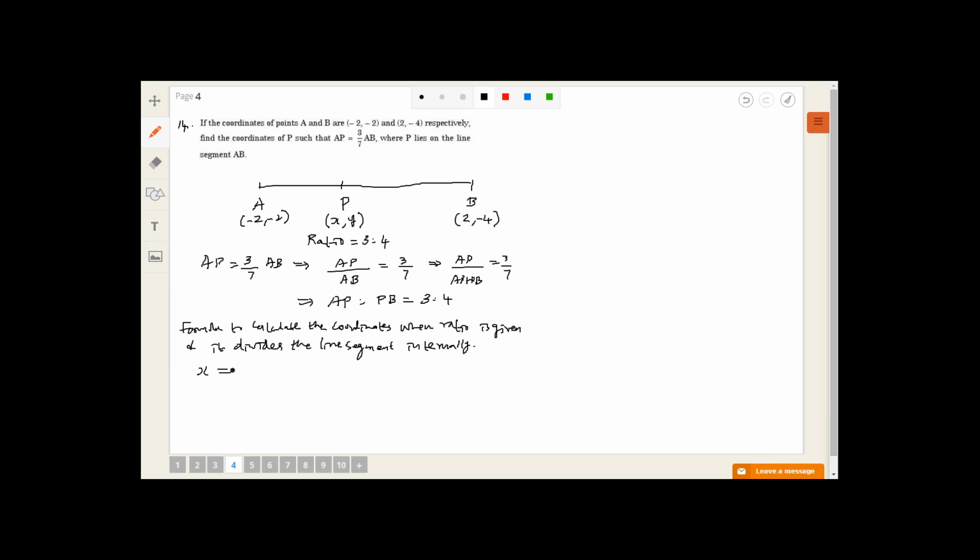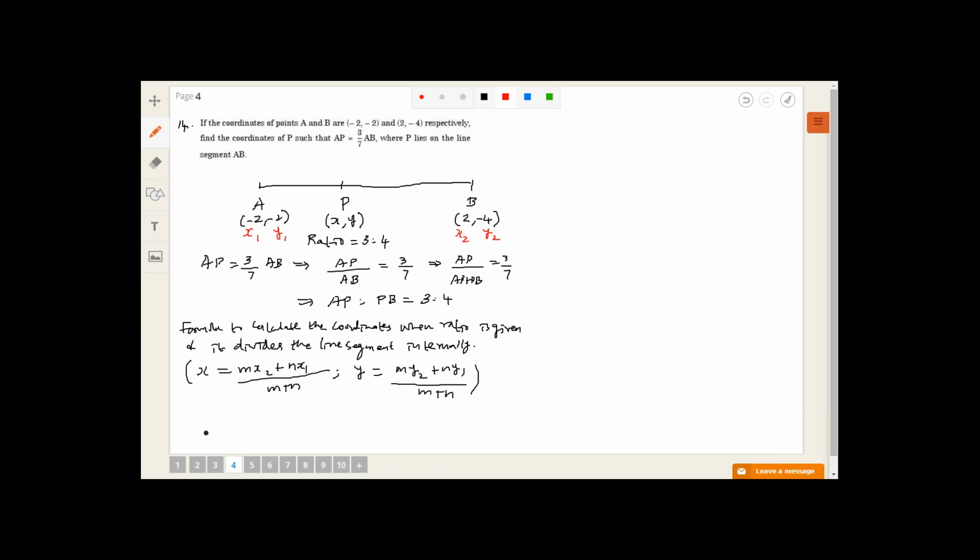So formula will be x is equal to mx2 plus nx1 by m plus n, and y will be equal to my2 plus ny1 divided by m plus n. Now here x1 will be -2, y1 will be 2, x2 will be 2 and y2 will be -4.